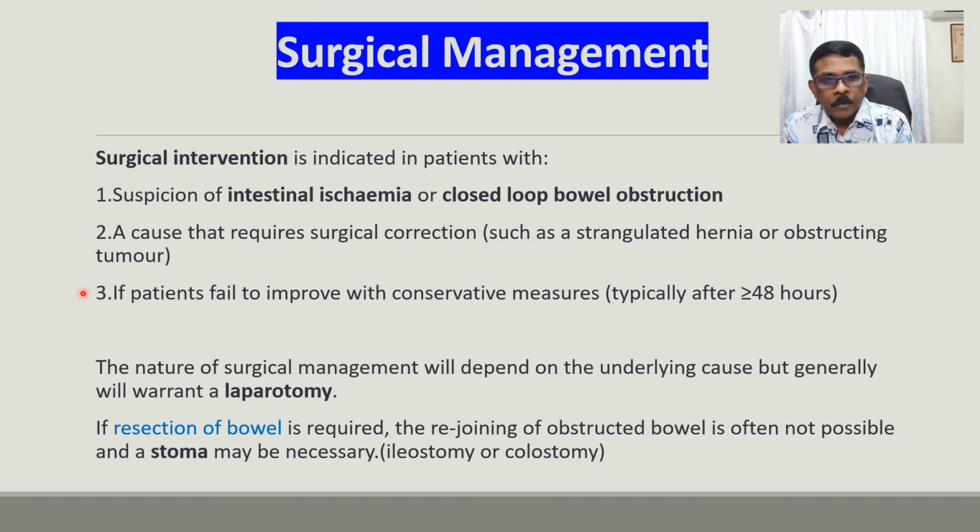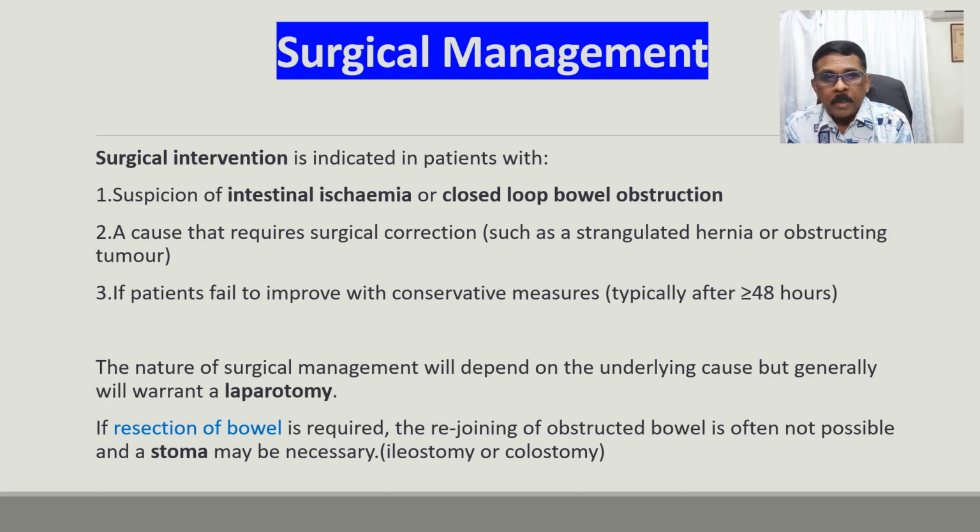If within these 48 to maximum 72 hours the patient does not improve or his condition gets worse, then some form of surgery may be necessary. In general, most of the time, it will be an exploratory laparotomy to solve this patient's problem.